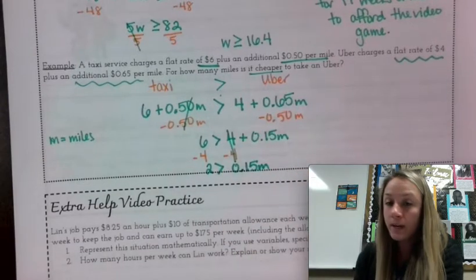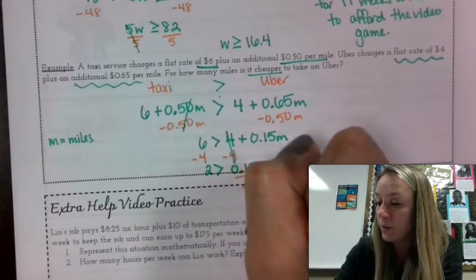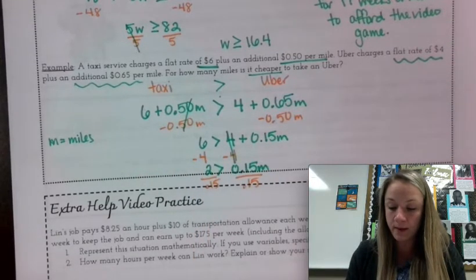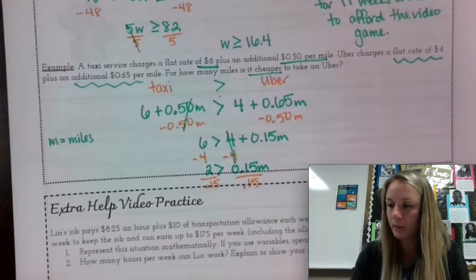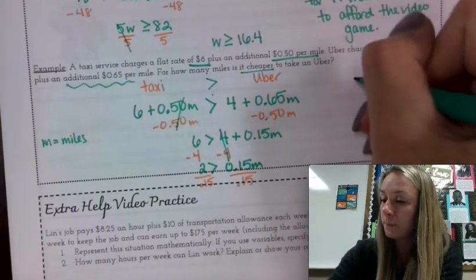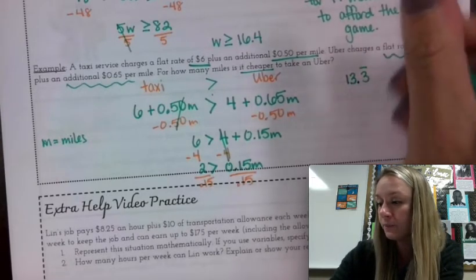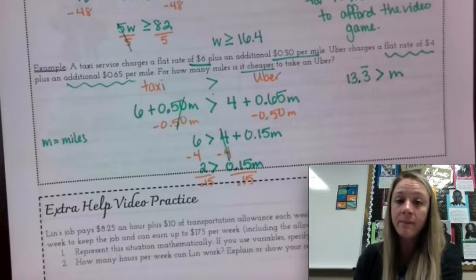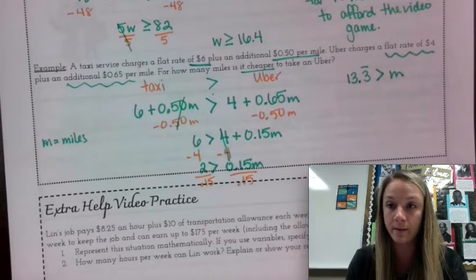The last step is I want to divide both sides by 0.15, and 2 divided by 0.15 gives me a decimal again. That gave me 13.3 repeating is greater than m. I did not flip my inequality symbol because I didn't multiply or divide by a negative.